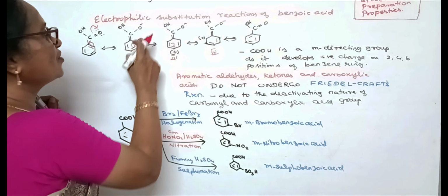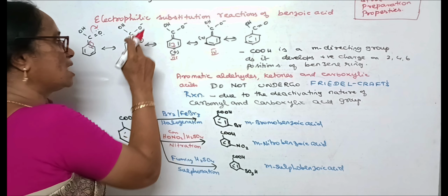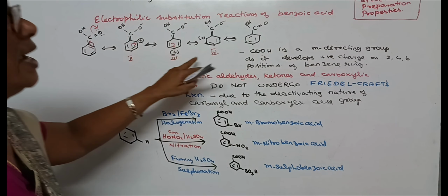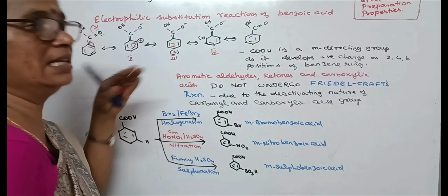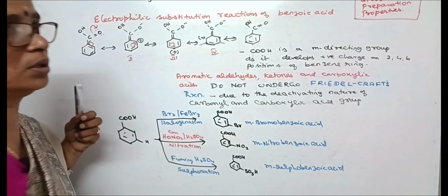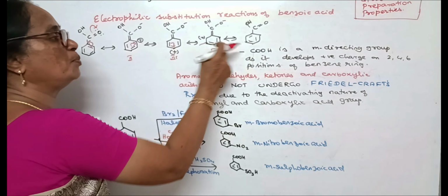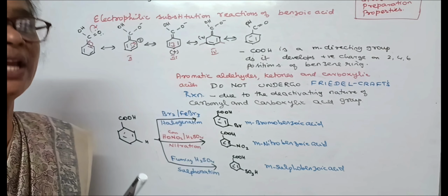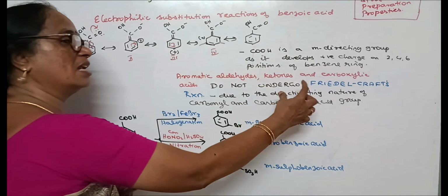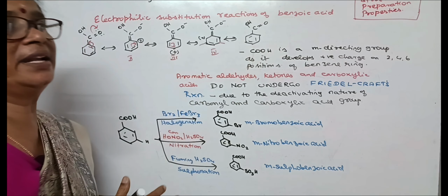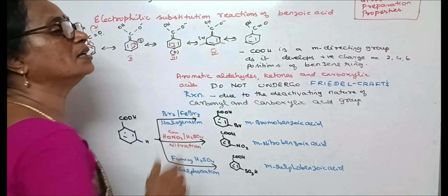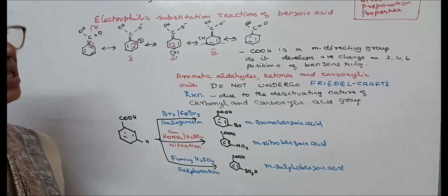Because of the formation of positive charges at 2, 4, 6 positions, this directs the incoming electrophile to the meta positions alone, because these meta positions do not have any charges. It is a neutral position, and hence the electrophile does not find any repulsive forces, so it may attack that third position of the benzene ring.